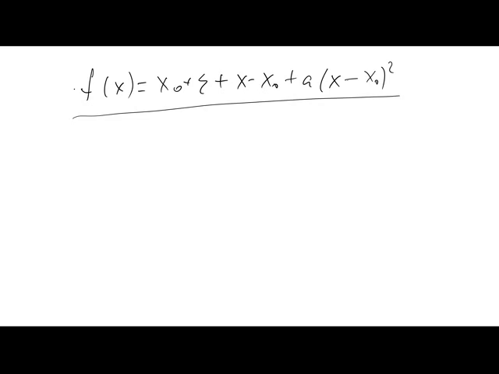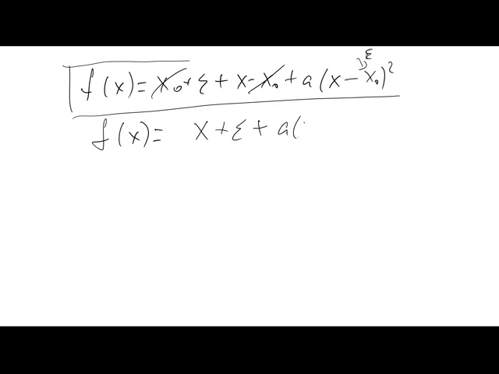X naught cancels. So what we have is x plus epsilon plus a times x minus x naught squared. Correct. Now for our map it will be like this: xn plus 1 equals f of xn, and therefore it equals xn plus epsilon plus a times xn minus x naught squared.